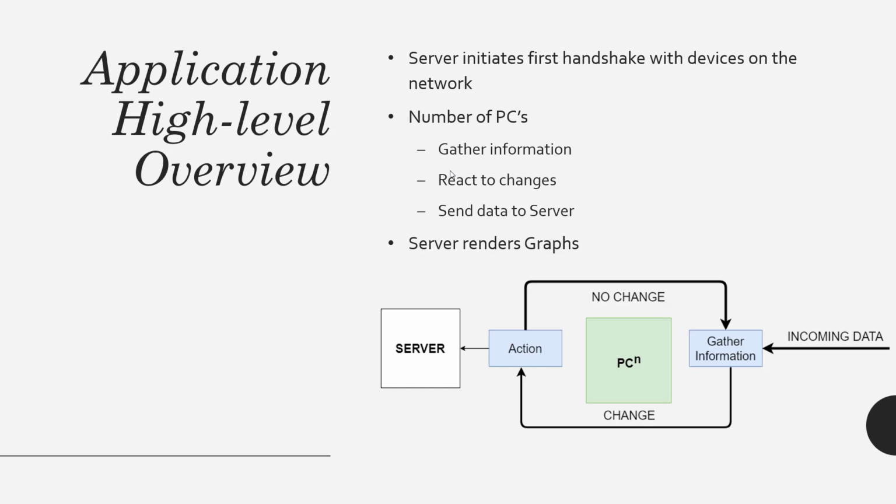And the action will be to send that data to the server, which will be rendering graphs of the network, and have the ability to select individual nodes that represent the PCs and examine the network on a protocol level, where we see all of the connections being made on different ports.